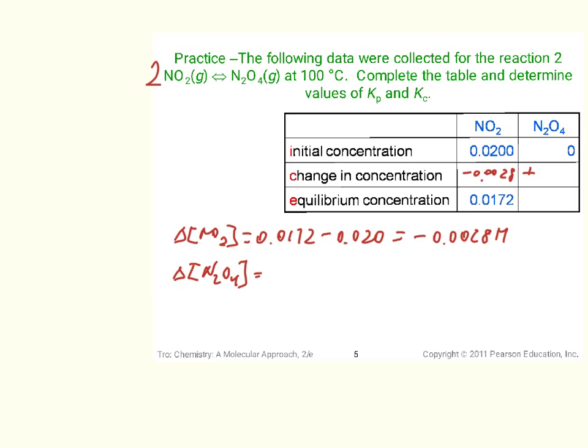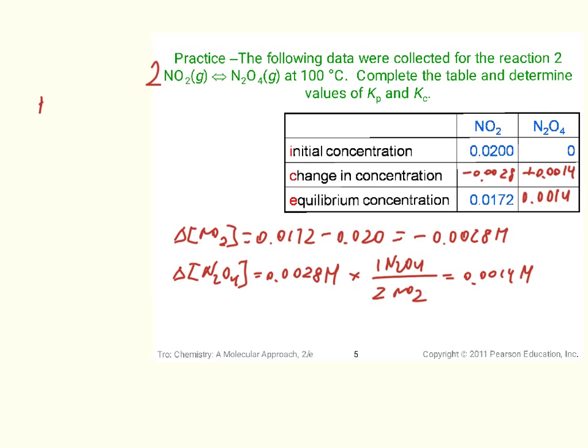What about dinitrogen tetroxide? It will be found as 0.0028 molarity of nitrogen dioxide times coefficients in the equation, 1 for N2O4 over 2 NO2, and it's going to be 0.0014 molarity. We can immediately incorporate it in our ICE table, and as the initial concentration was 0, the equilibrium concentration is going to be the same. Excellent.